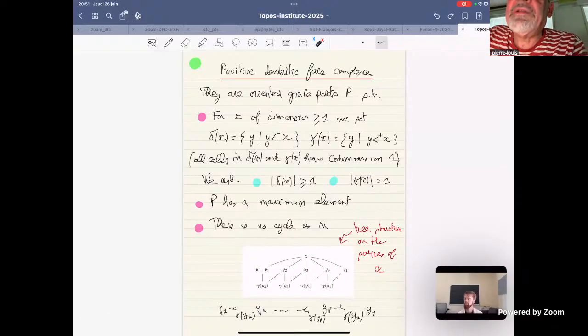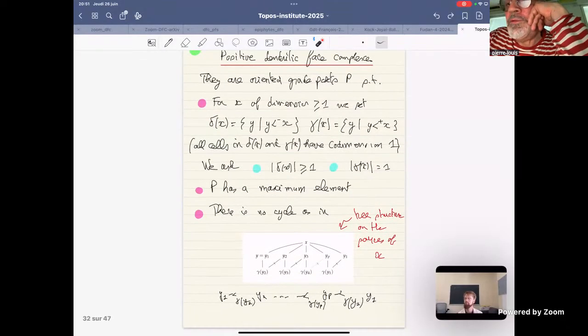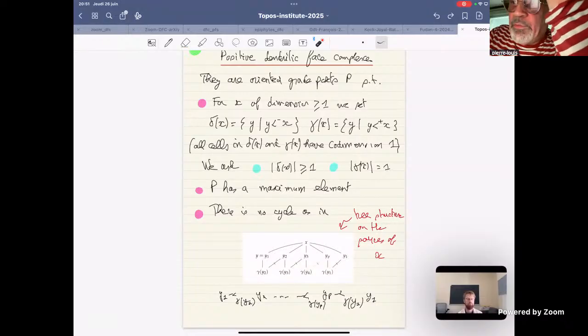And finally, what is a positive dendritic phase complex? Well, we add a few axioms. Actually, only a very simple one. So there is at least one source, because we are positive. So delta is the set of sources of a term, and gamma is the set of targets of a term.